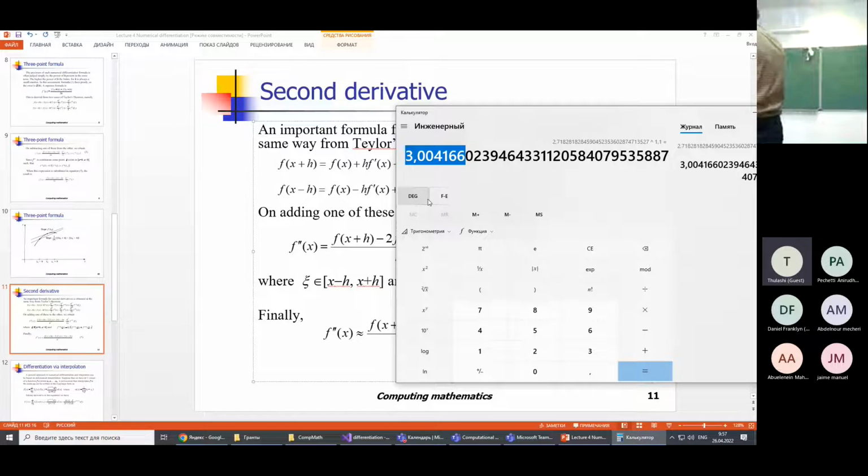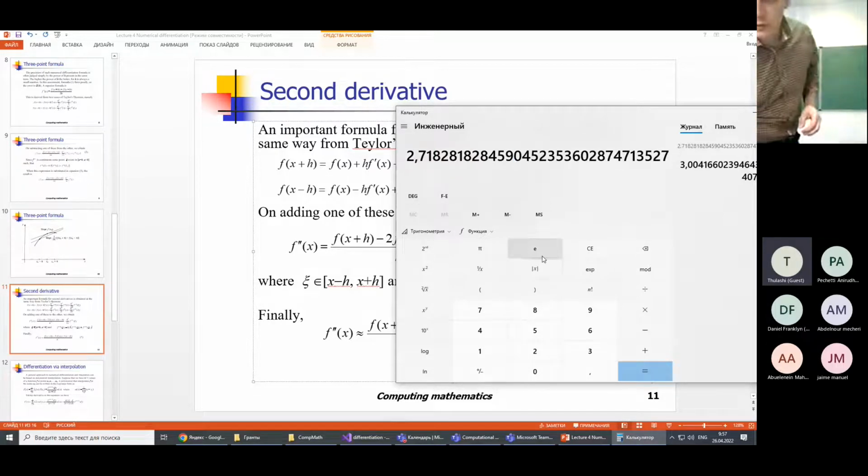And according to the real value of the derivative, the second derivative at the point 1 will be e, that equals 2.71828, and so on. This is the real value of the second derivative at the point 1.